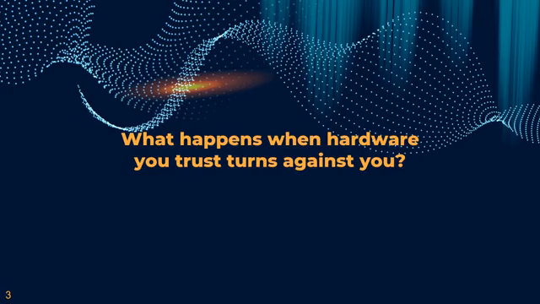These threats lie dormant, hidden from traditional defenses, waiting to activate when least expected. This is the challenge we face today. Hardware you trust can be secretly working against you, but how can we detect these hidden threats before they cause damage? That's what today's presentation is all about.